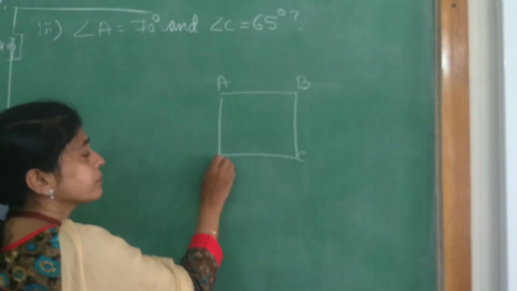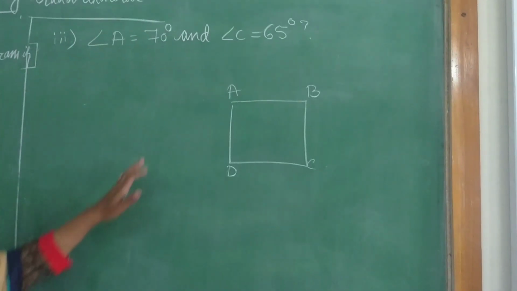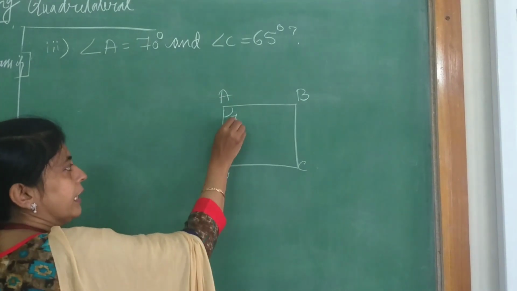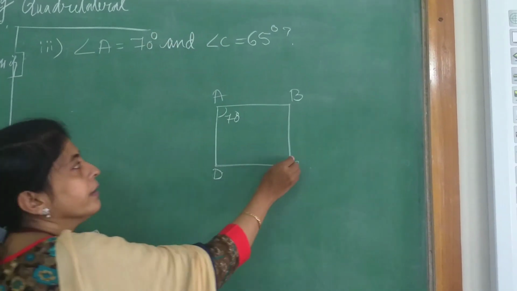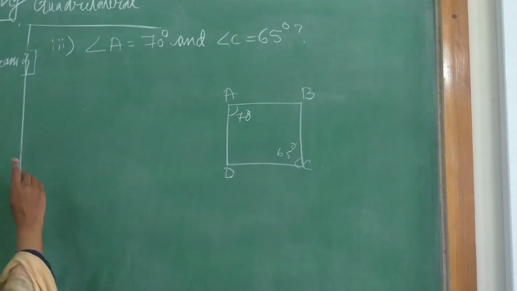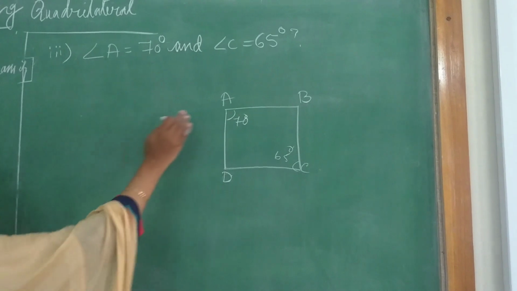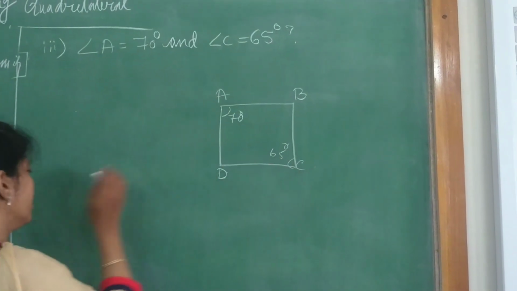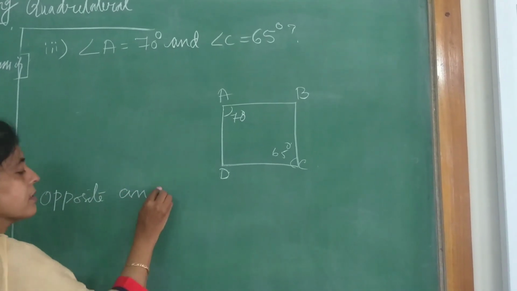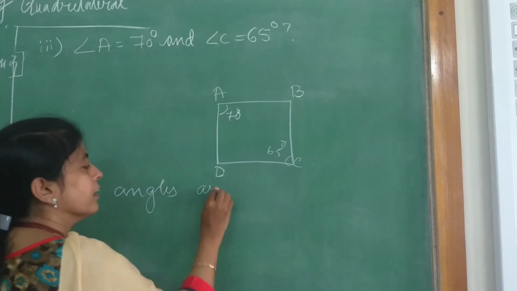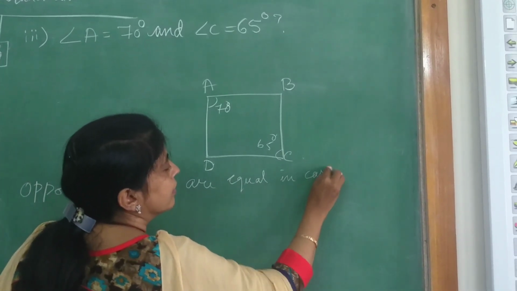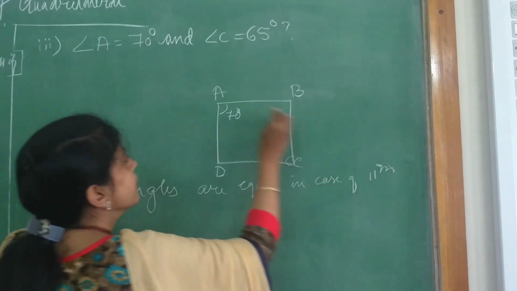This is again a quadrilateral ABCD. We are given the measure of angle A to be 70 degrees and C is given to be 65 degrees. As we know the property of the parallelogram related to opposite angles, opposite angles are equal in case of a parallelogram.